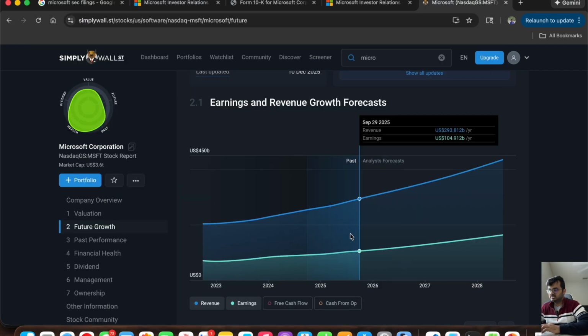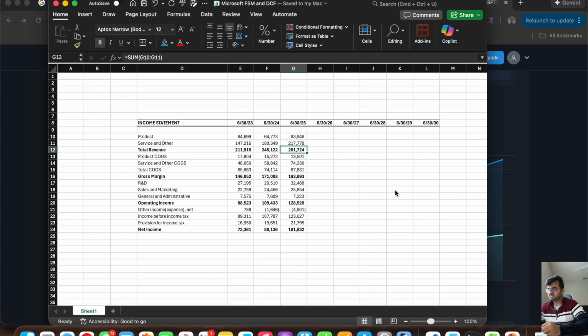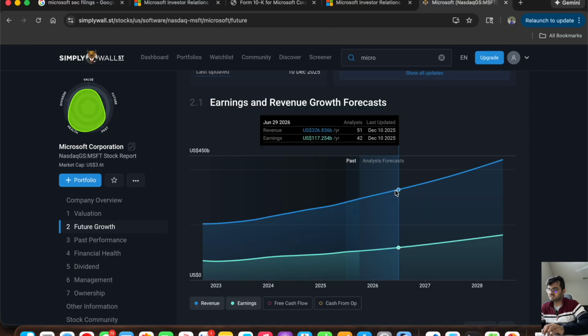Similarly, we will see what numbers the analysts are estimating for June 2026. Here, for June 2026, the analysts are estimating $326 billion, 326,836. So I'll type in 326836. This is the revenue analysts are estimating for 2026.